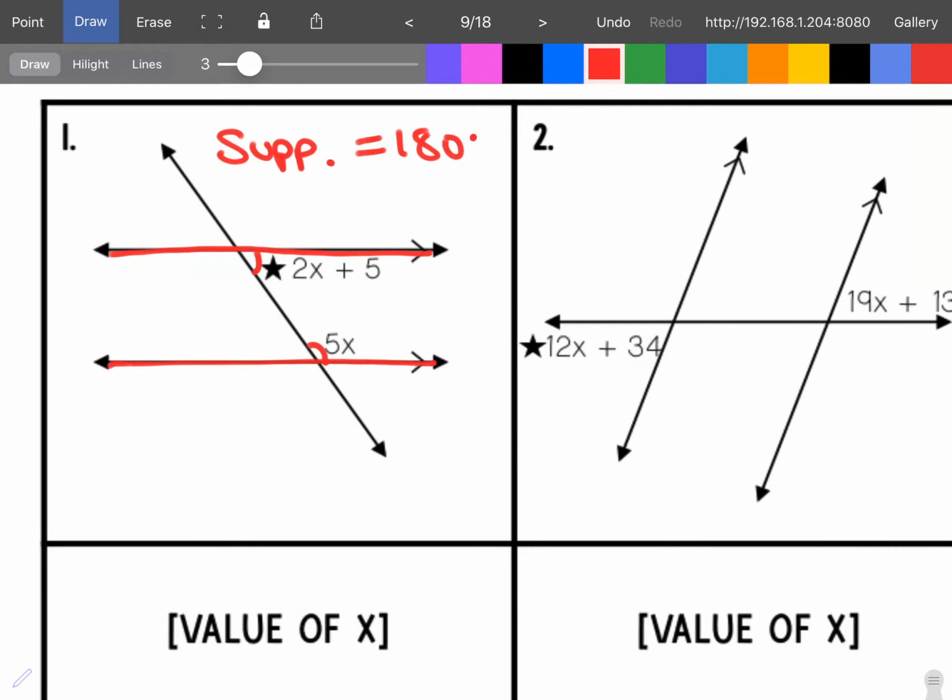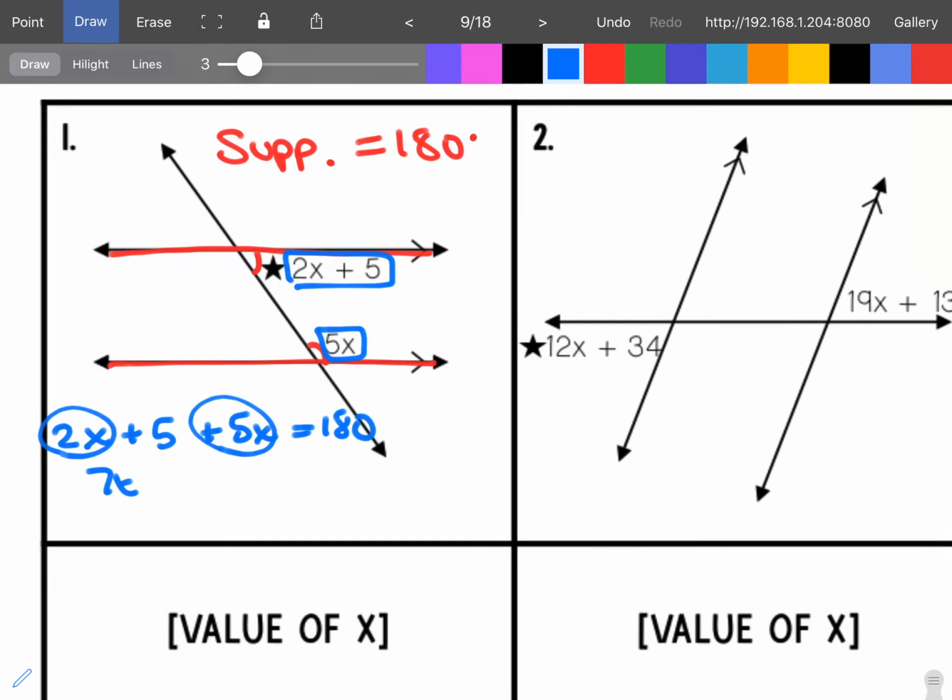So the way this one would get set up is we would take this expression plus this expression and set it equal to 180. So 2x plus 5 plus 5x equals 180 and solve. Well, we can combine like terms. 2x and 5x is 7x plus 5 equals 180.